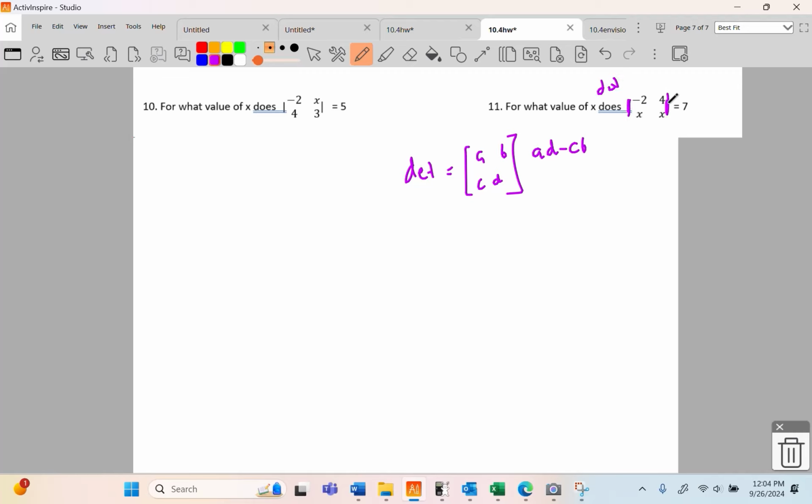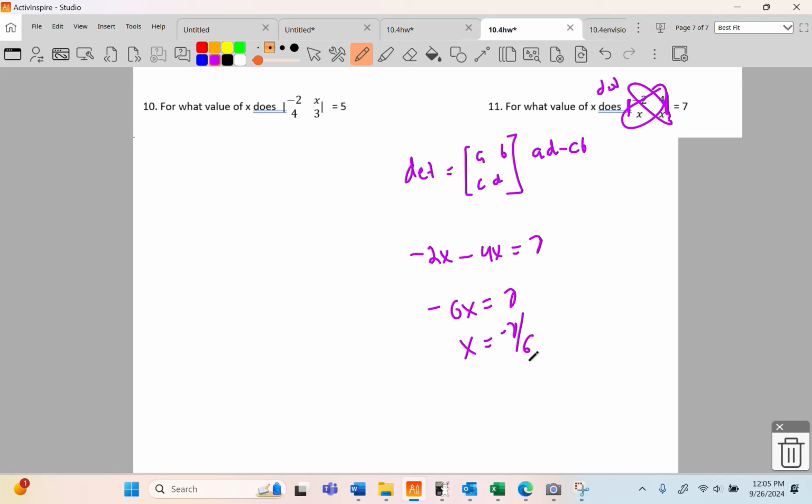The bars like this on a matrix, they're not absolute value, it's saying determinant. So I do that, that's negative 2x when I multiply, minus 4x, and it has to equal 7. Put my x's together, negative 6x is 7, divide by negative 6, and x is negative 7/6. And that's how that one works.